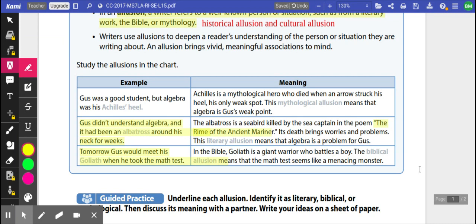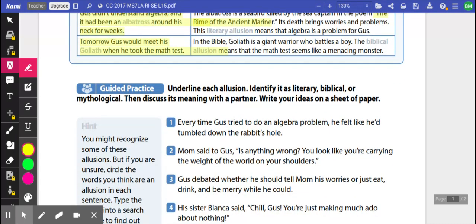In that poem, a sea captain kills a bird, and it's supposed to bring bad luck. So Gus is constantly afraid that algebra is going to be his problem.